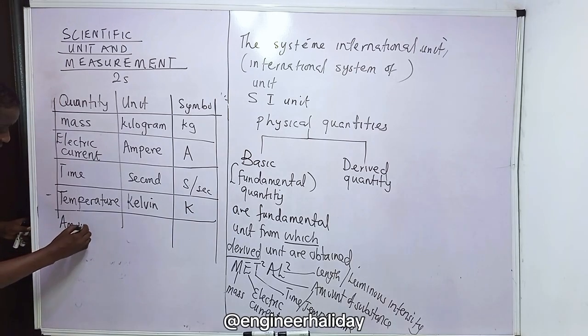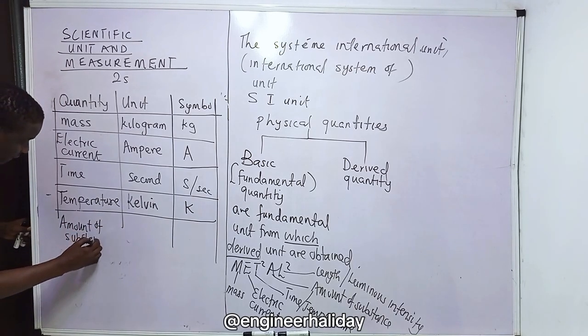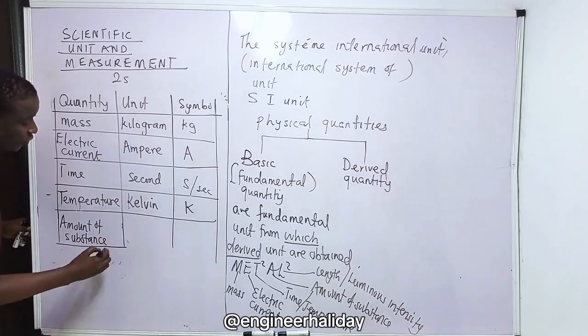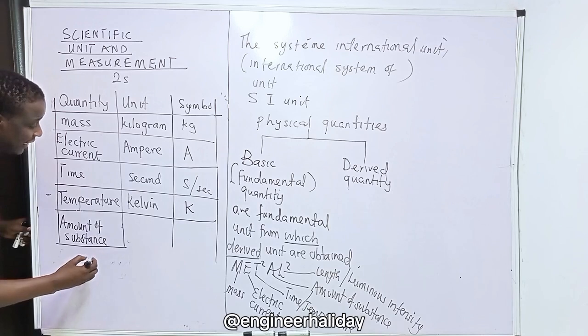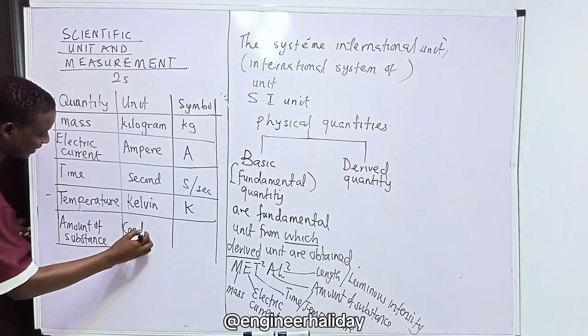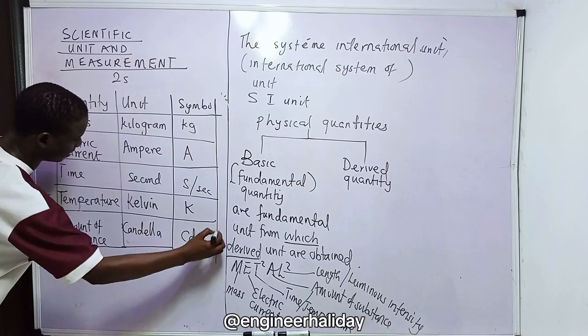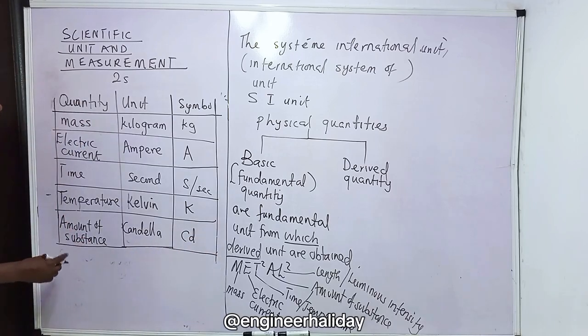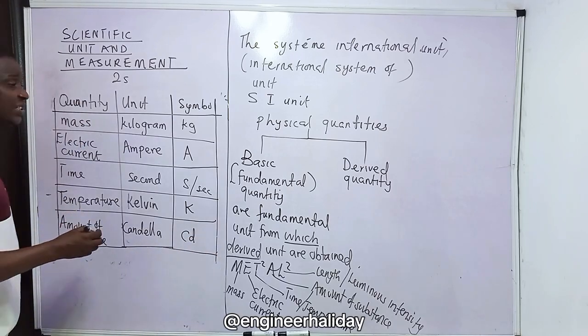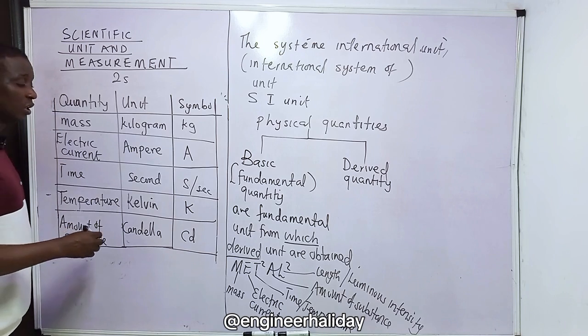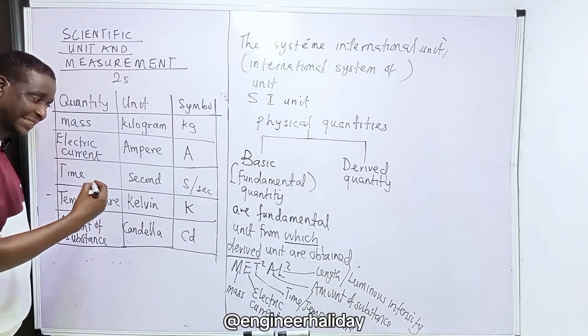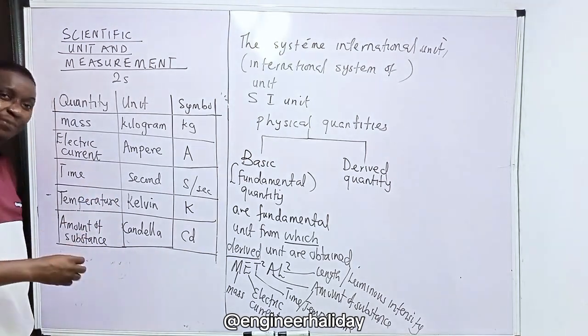Then the next one is amount of substance. Amount of substance is measured in, candela. And for candela, the symbol is cd. Now, anytime you are measuring, an SI unit may be named after somebody.